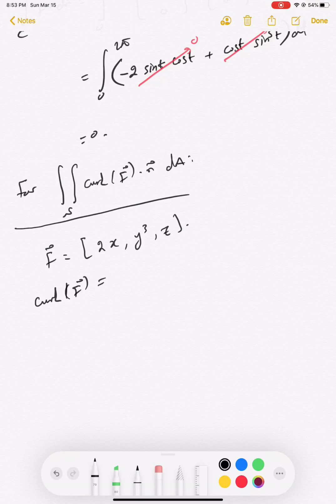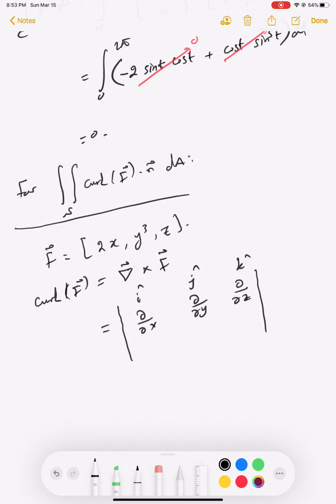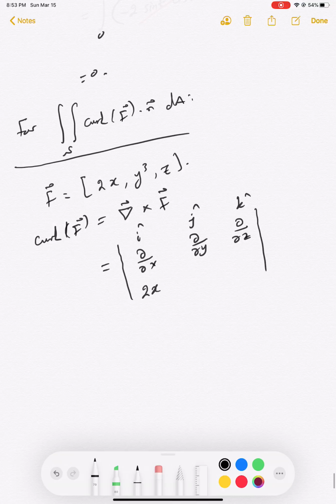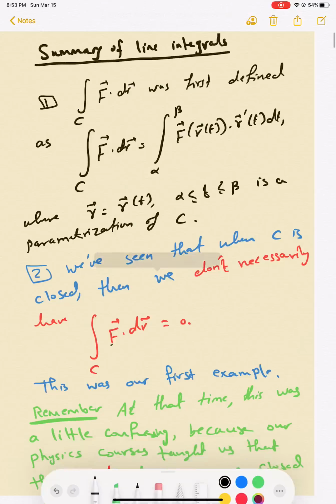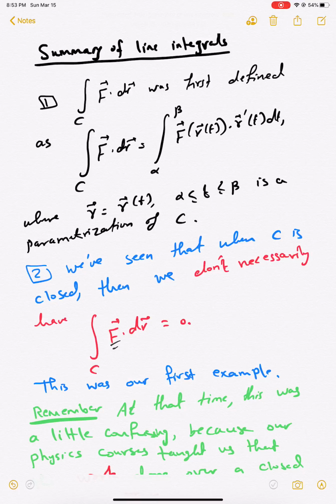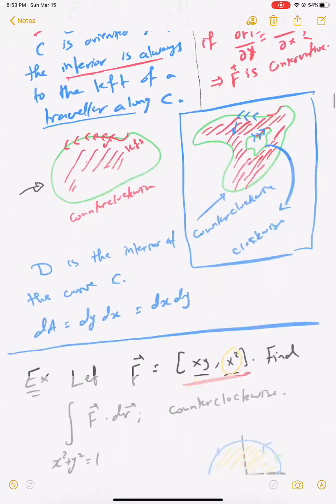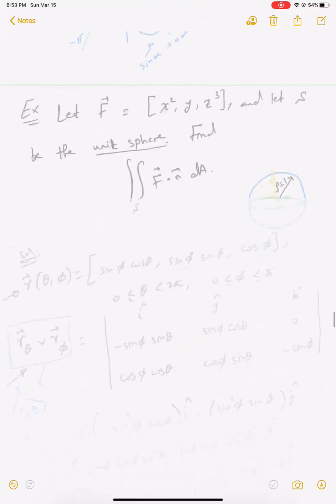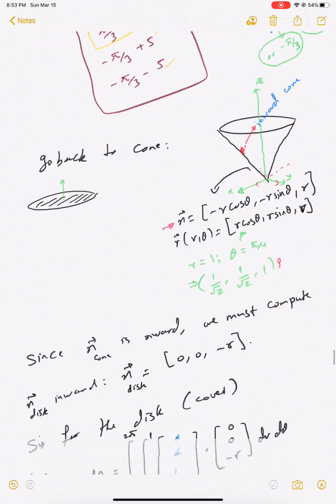So in this example, if you compute the curl, remember the curl is nabla cross f, which is i, j, k. The nabla is this, and the f is this. And clearly, we went all the way to the first page in these notes. Going back.